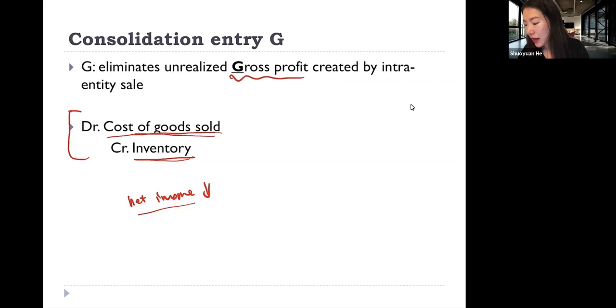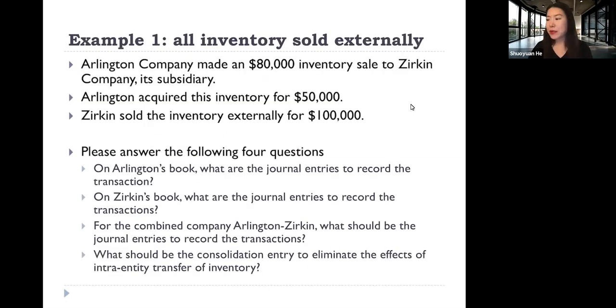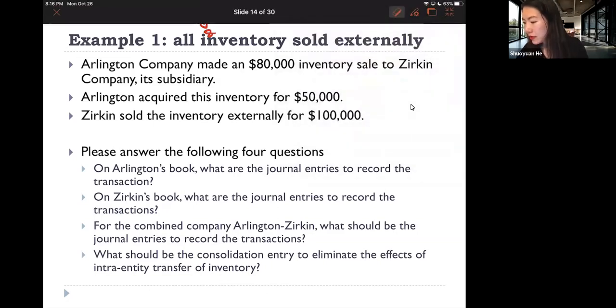I'm going to use three examples to explain those two consolidation entries. First, let's look at an example. We have two firms here. Arlington is the parent and Zirkin is the subsidiary.